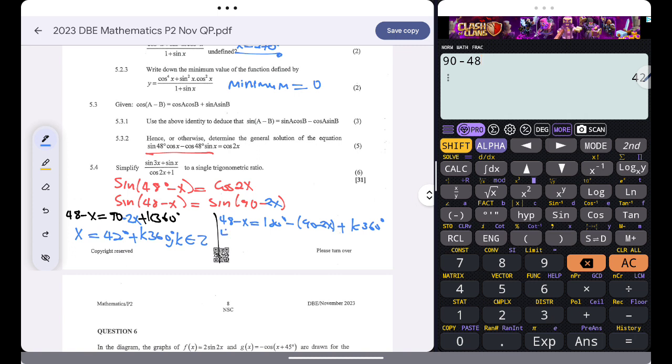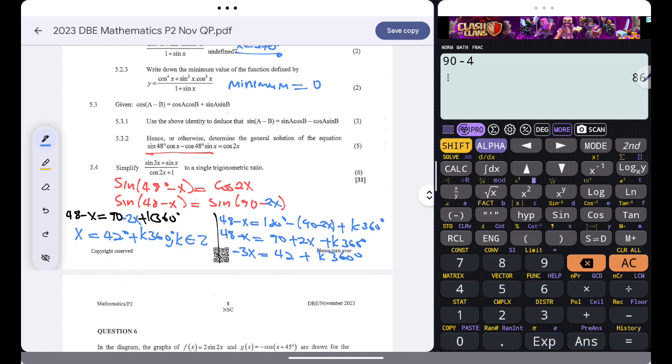On this side I'll have 48 minus x is equal to 90 plus 2x plus k 360. Whenever I take the x to the other side, I'll have negative 3x is equal to 42 plus k 360.